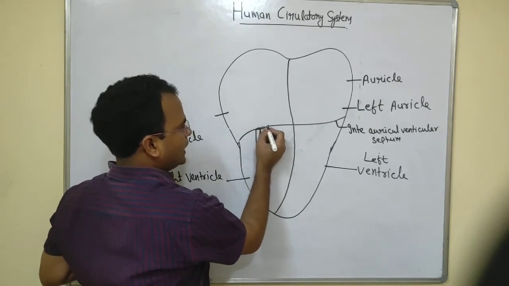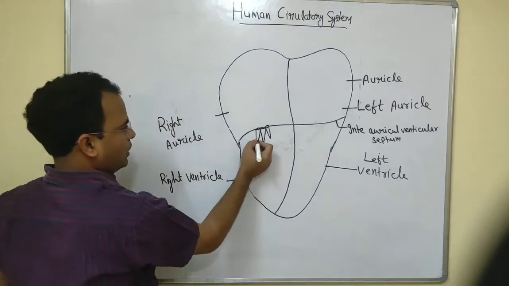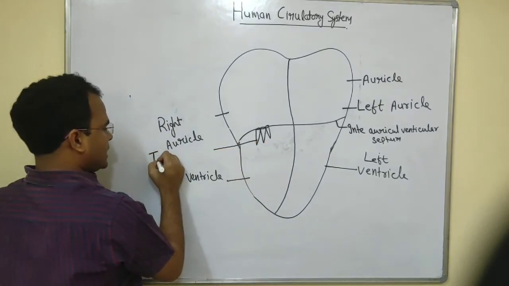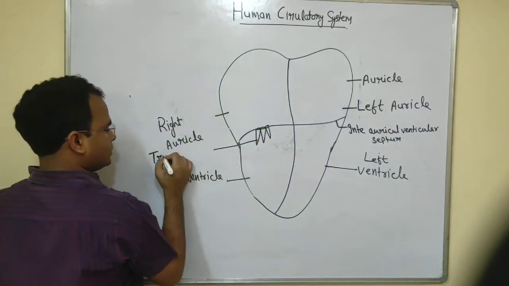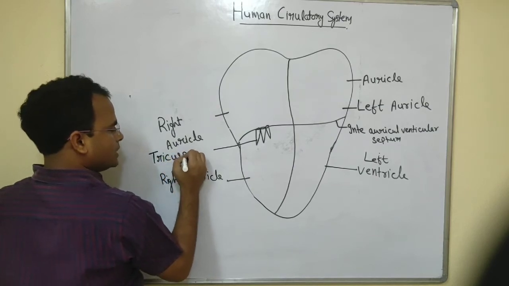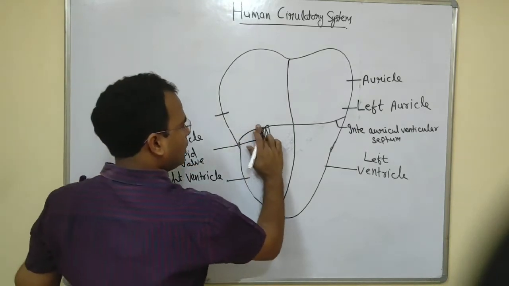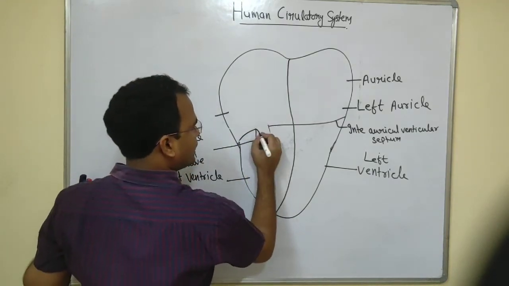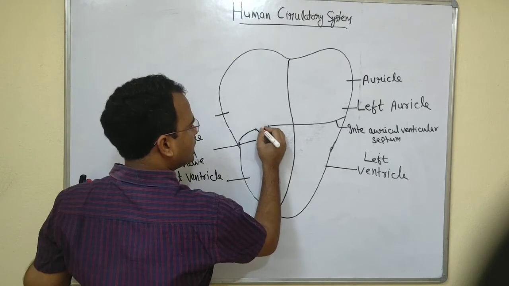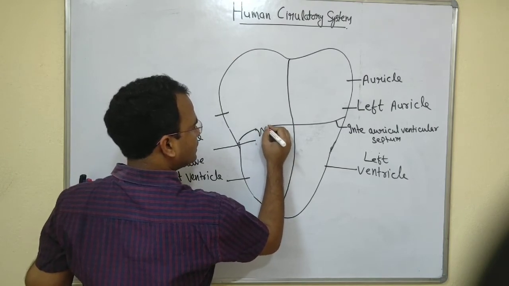This is called the tricuspid valve. Since there are three, it is tricuspid valve. This valve is actually there to prevent the backflow of the blood. We can draw it like this.